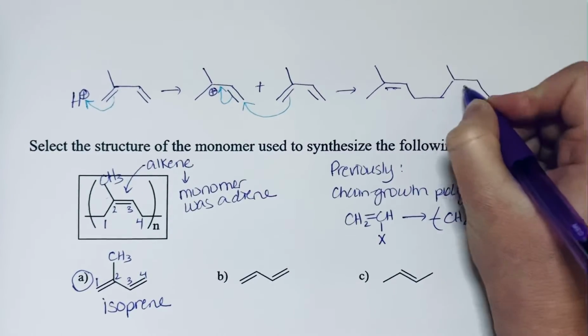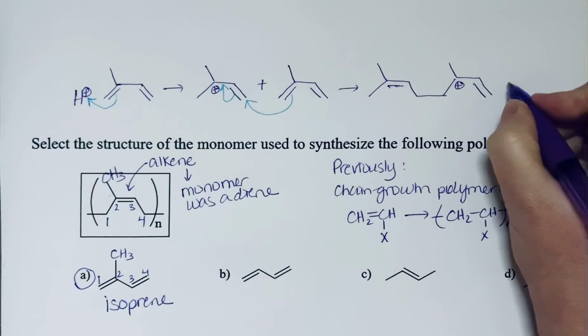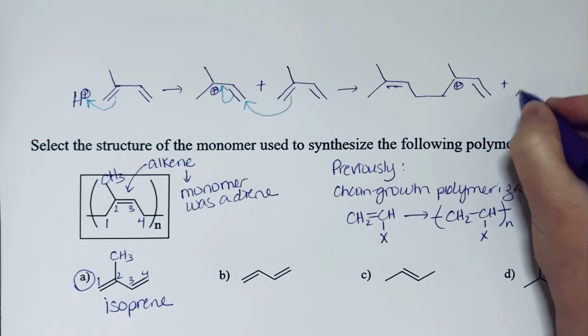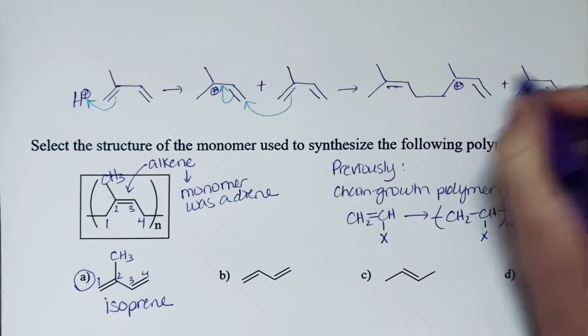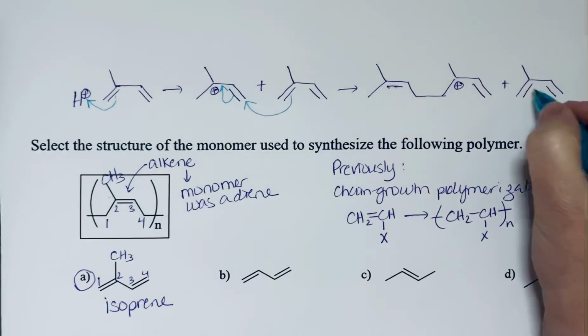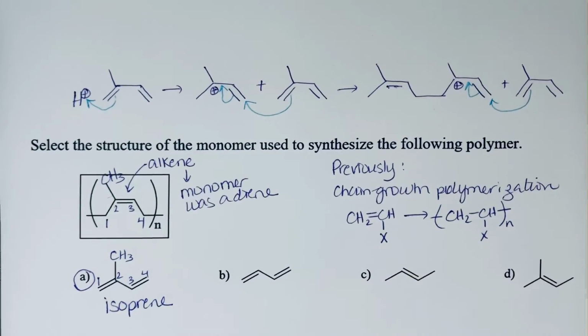And so now we have a new cation, and this can react again and again and again as we form the long polymer chain. So we can do another conjugate addition and so on. And this is how we're going to form this polymer structure.